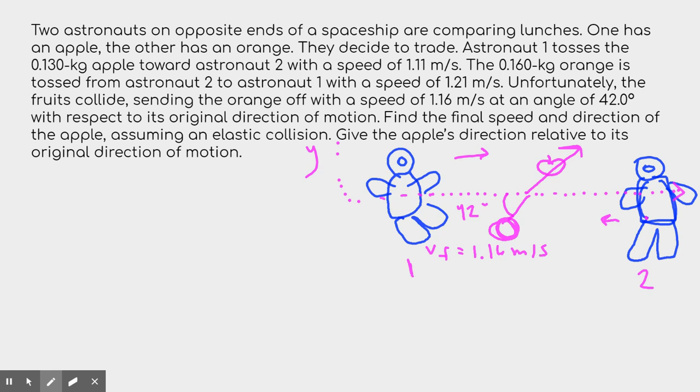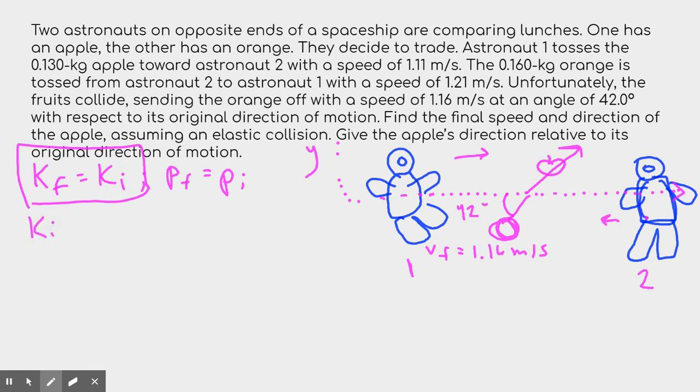Okay. Well, since this is an elastic collision, we know 2 things. Number 1, the final and initial kinetic energies are the same, and the final and initial momentums are the same. Since this is unique to elastic collisions, that is what I'm going to use to help me solve this problem.